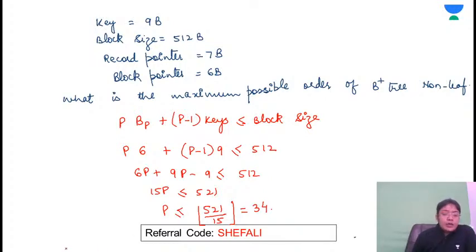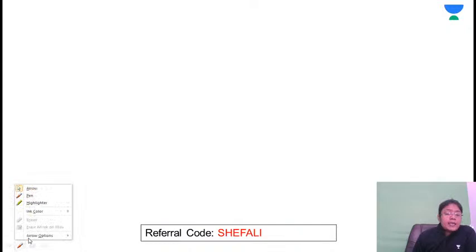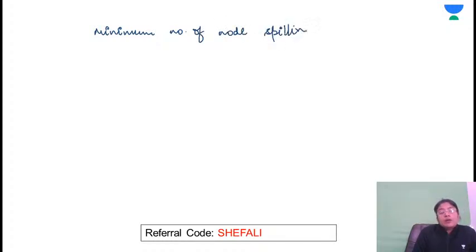Alright. So finally the conclusion is, if they are asking for the minimum number of node splittings, then you have to consider the concept of key redistribution.